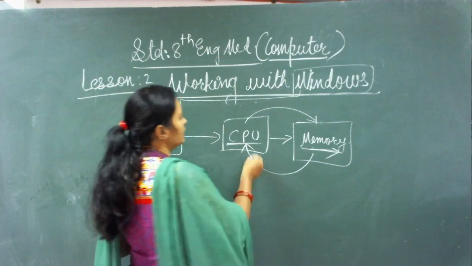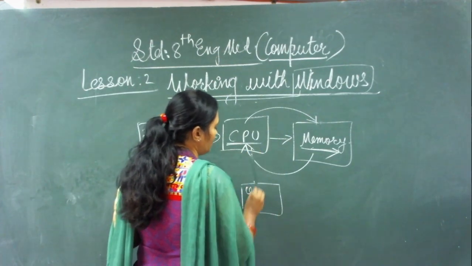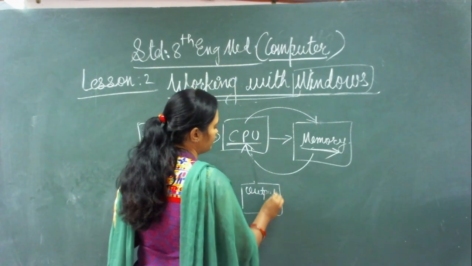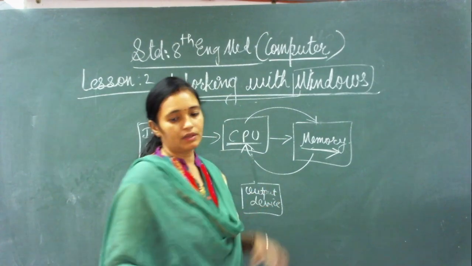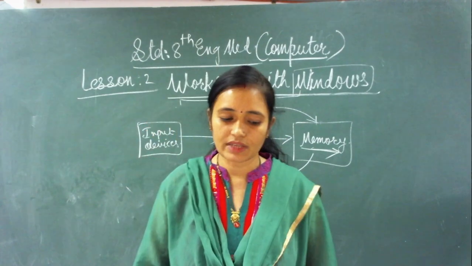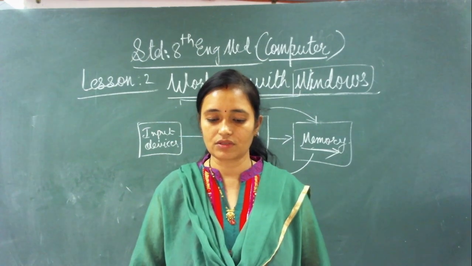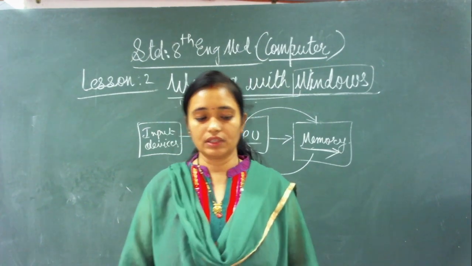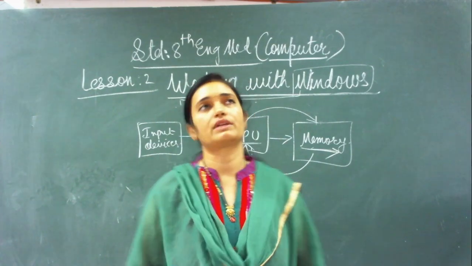And then the output will be printed on the monitor output device. The output is again sent to memory for storage, and then the CPU gives the necessary instructions to send the information from memory to the output device or storage devices.